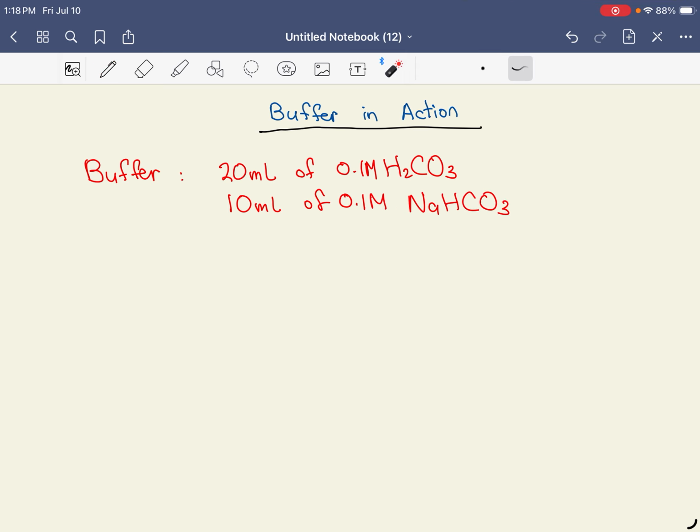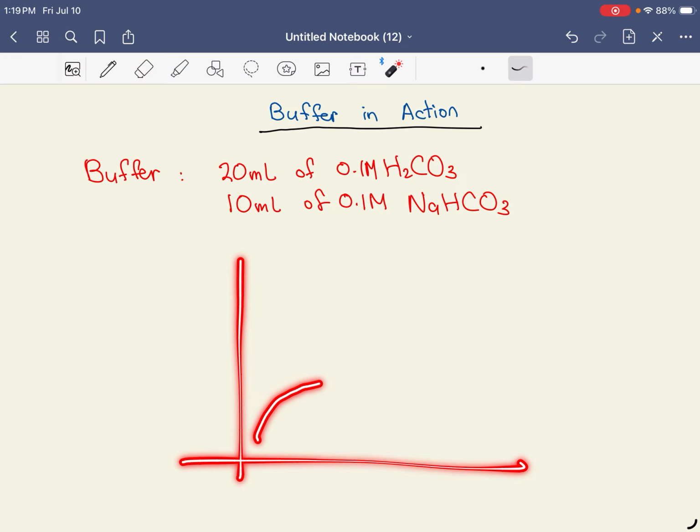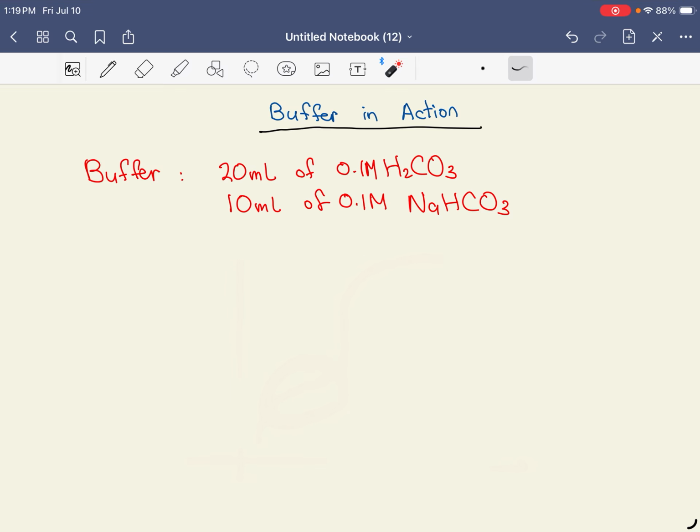So obviously this is the weak acid and this is its conjugate base. If you remember from last time, to make a buffer, half of the conjugate base of a weak acid will get you a buffer. On a titration curve, which looks like this, it will end up being at this region, and that is what we call the buffer region.